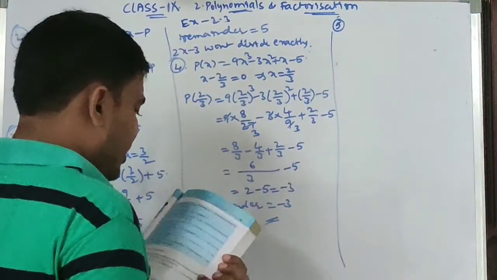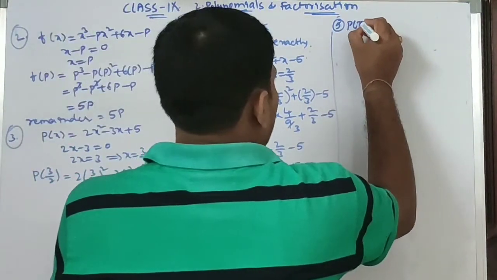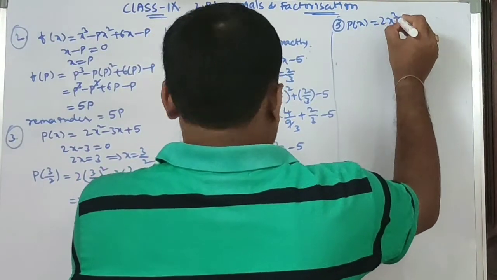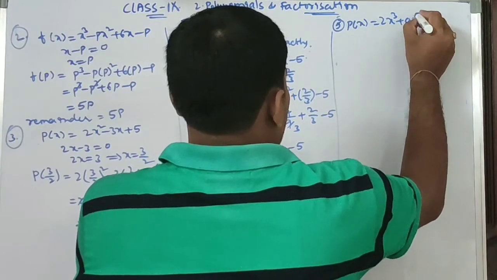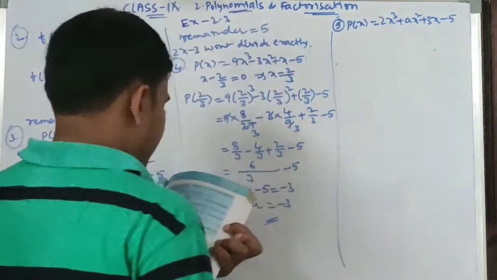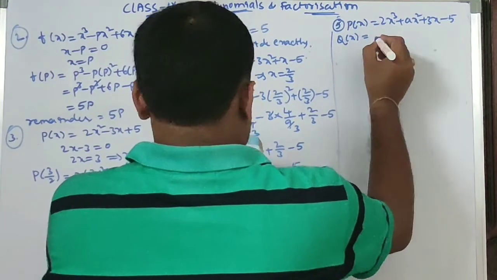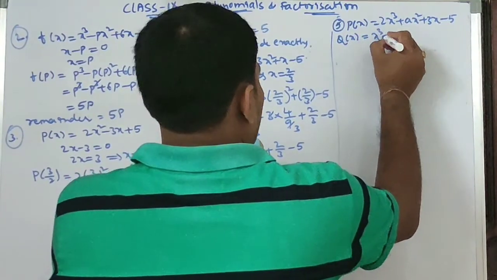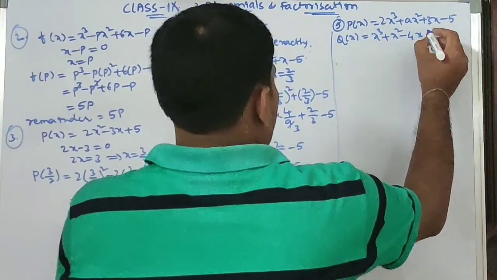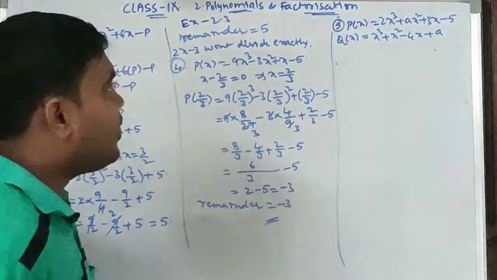So here two polynomials, one is p of x, another one q of x. p of x equal to 2x cube plus ax square plus 3x minus 5. Next, q of x equal to x cube plus x square minus 4x plus a.